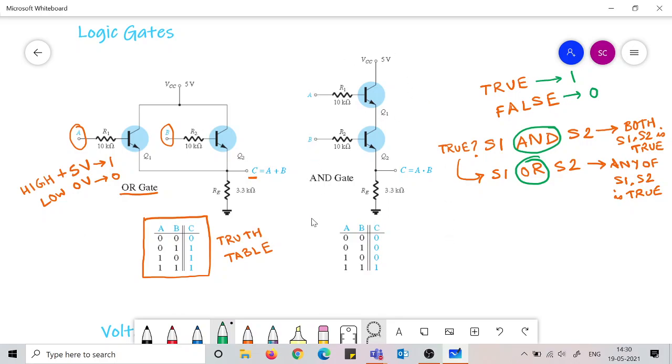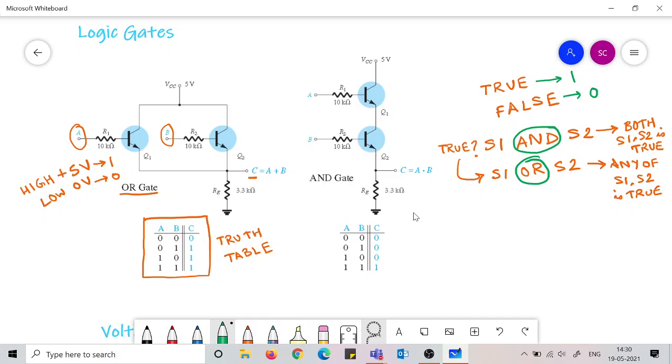Similarly, you see here this circuit is reflecting the behavior of an AND operation, the logical AND operation. So how is it doing so? What is the logical AND operation? Both the statements must be true in order for the output to also be true. If we come to the actual circuit, both these transistors must be on so that the entire system is on.